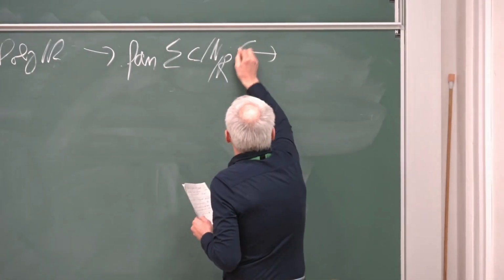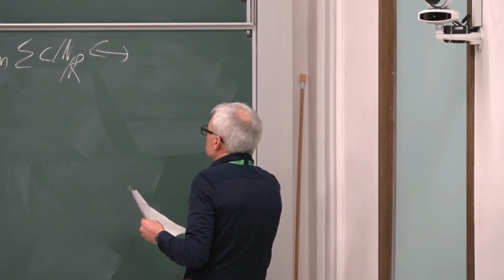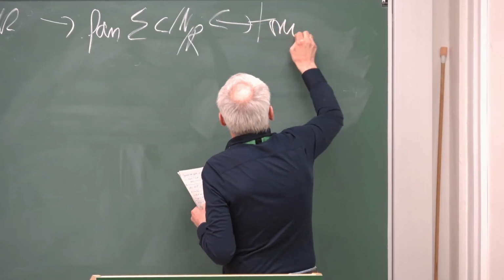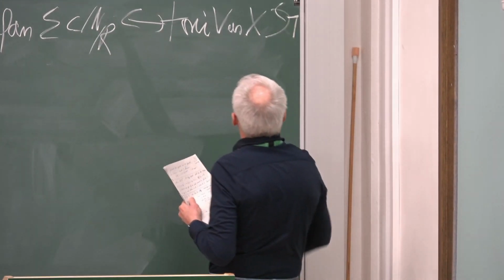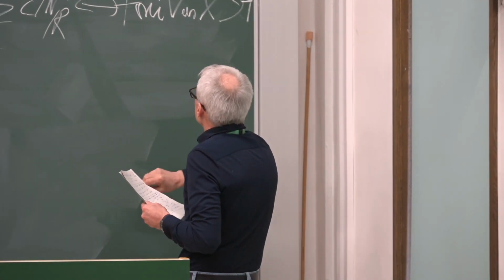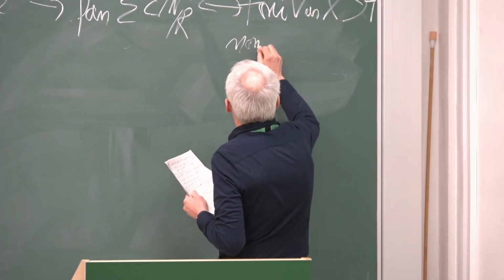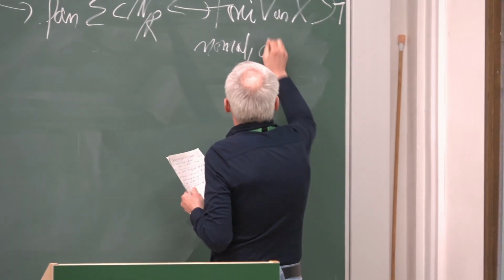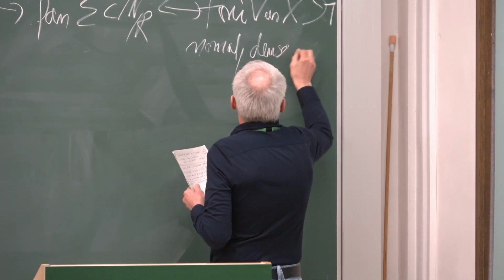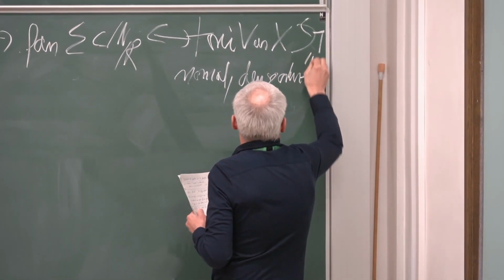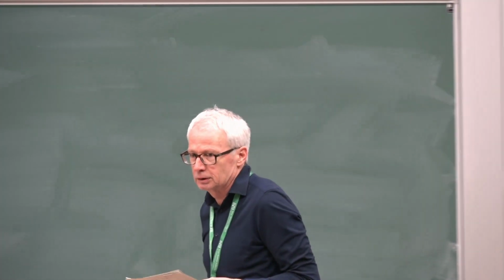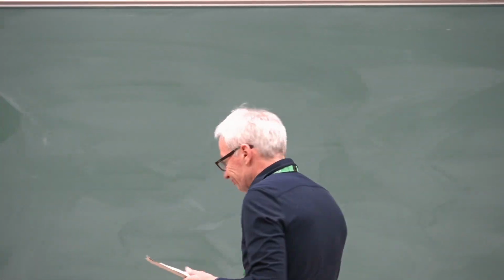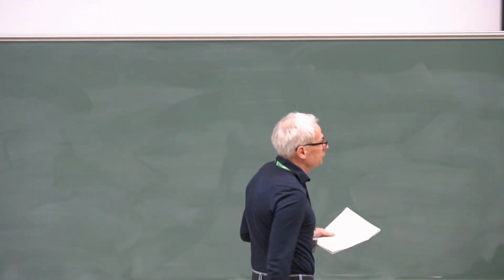And the fan language you can translate into geometry. So that would be a toric variety X. That means you have a torus acting on this. And to be toric means it's normal and you have a dense orbit which is just the torus, and the action is extended, and that would be the geometric definition of a toric variety.